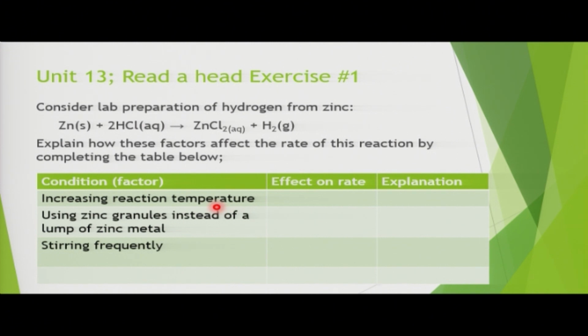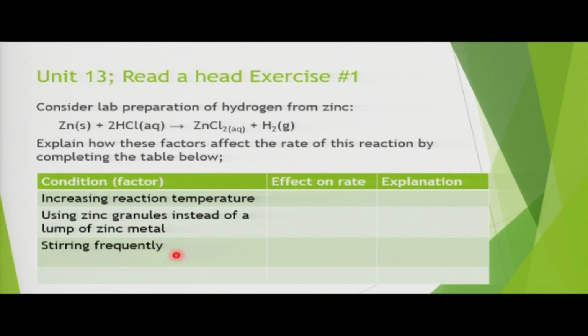When you increase the reaction temperature, of course, the assumption here is that it is occurring at room temperature, which is feasible. Then, what about if we're using zinc granules instead of a lump of zinc metal? Meaning you need to look for the meaning of that word lump.